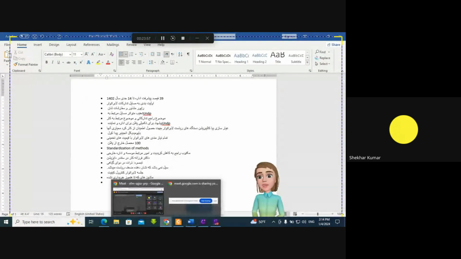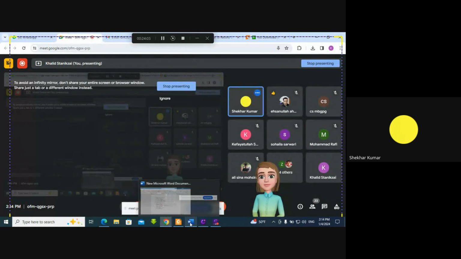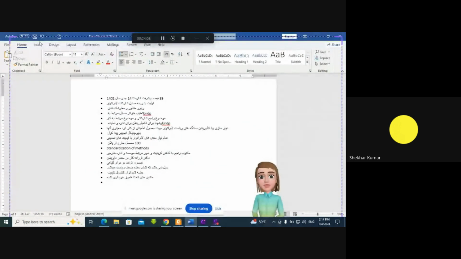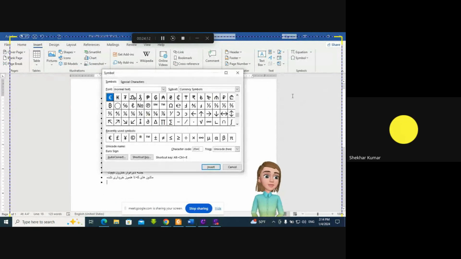Click on symbols and then more symbols. Come to insert, then symbols, then more symbols. Then on the bottom, you can see fonts and currency, and here is Unicode name, euro sign. Now you can see Unicode hex, then ASCII decimal and ASCII hex on the right hand side.